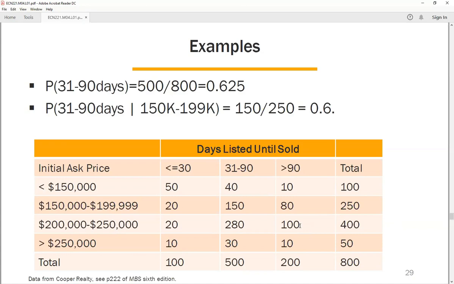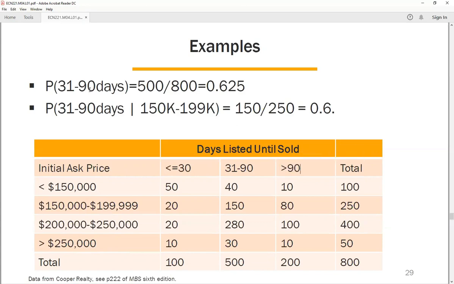So, for example, in the first row, we've got asking prices for the house that are less than $150,000, all the way out to, in the bottom row here, greater than $250,000. We've also got categories for how long it takes for the house to sell, anywhere from less than 30 days to greater than 90 days.